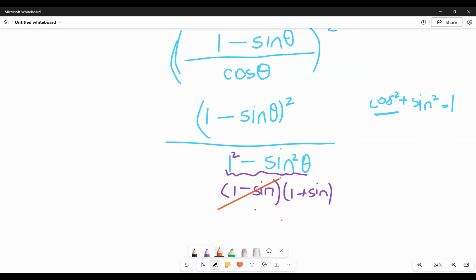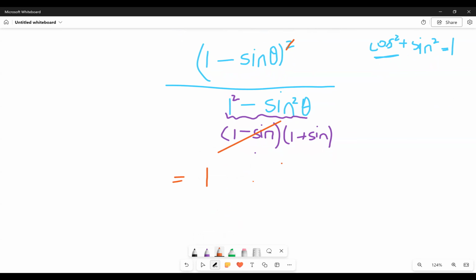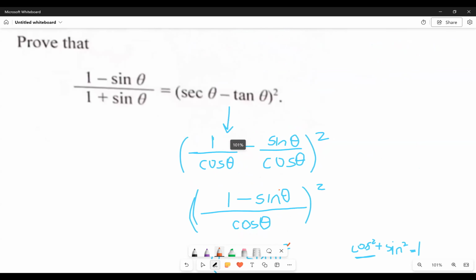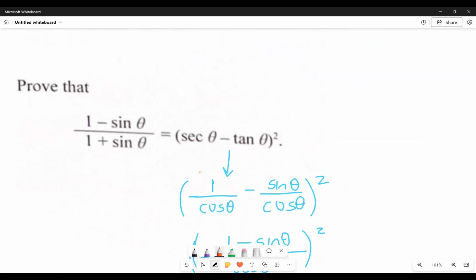So this 1 minus sine cancels one of these, and I am left with 1 minus sine all upon what's left in the denominator, which is 1 plus sine. So that's 1 plus sine. Okay, and that is equal to the left-hand side.